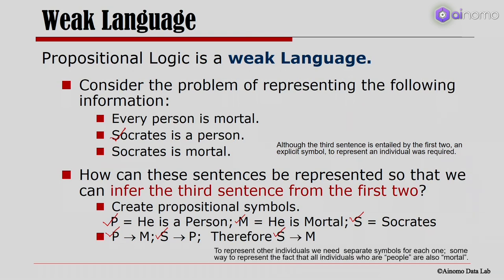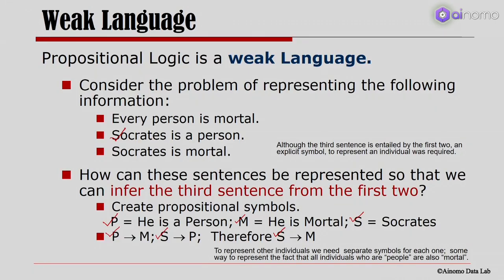What that means is that if I have to now represent other individuals, I would need to introduce other explicit symbols. And this I have to do for each of the persons that I want to talk of. And then I must also have some way to represent the fact that all individuals who are actually people are also mortal.